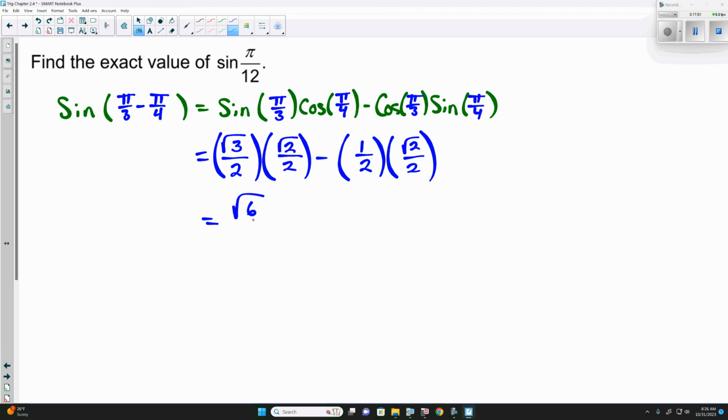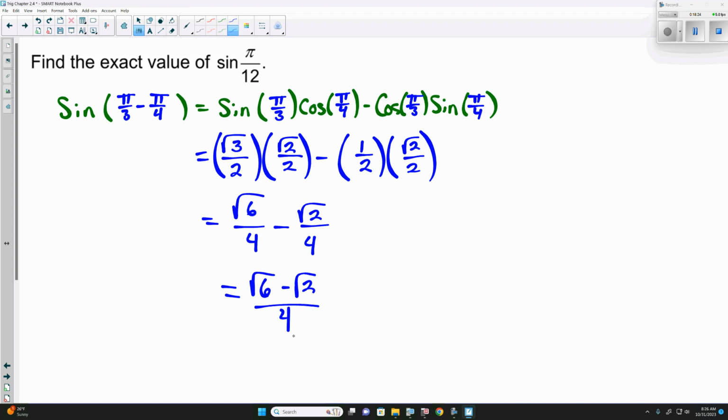Here we would get square root of 6 over 4 minus square root 2 over 4, which, to no surprise, is the same thing. Questions on this here? So there's more than one way to get at it, yes?